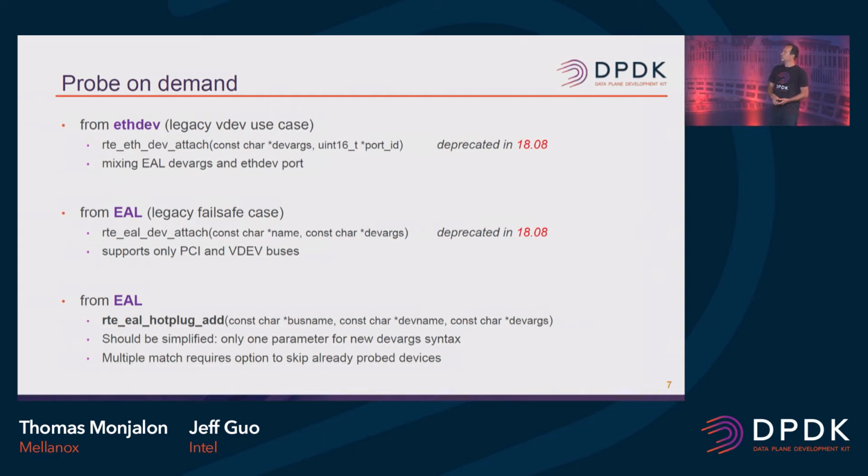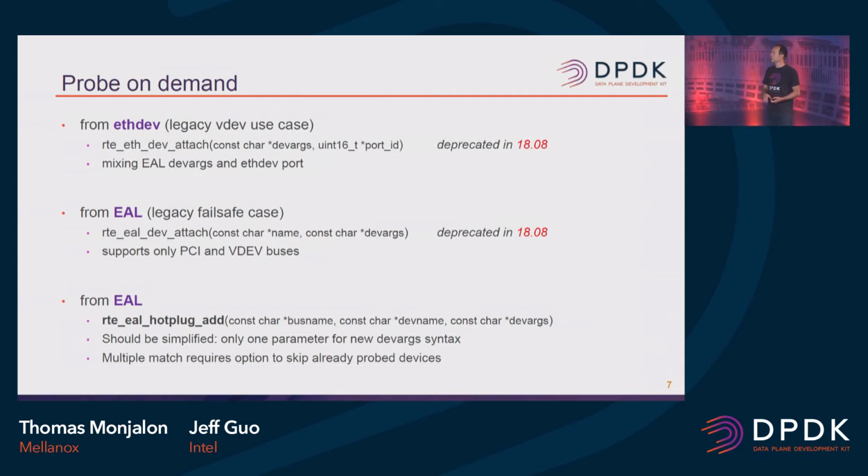This API was introduced only for when we introduced vdev. Then we introduced another API inside EAL, which was mainly at the time when designing failsafe. And here you just give some devargs, but this API was supporting only the syntax for PCI and vdev.